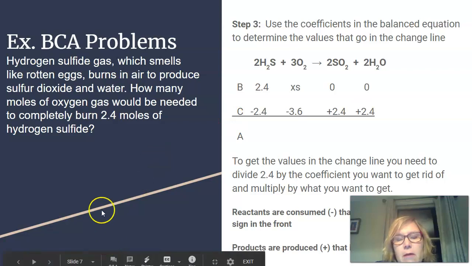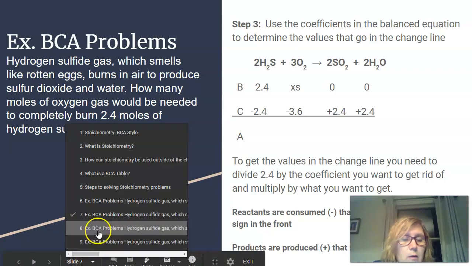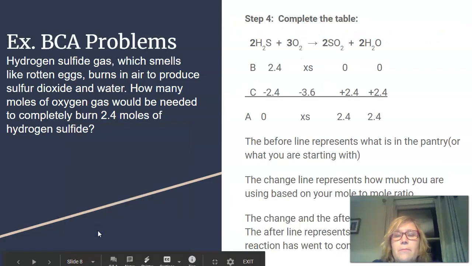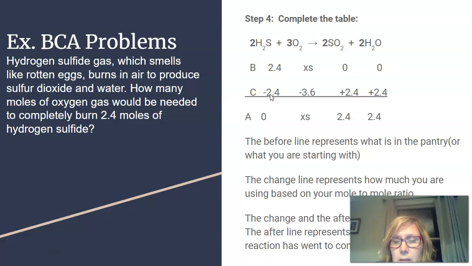Okay, so now we're going to figure out how to do the after line. And really the after line is just about what you end up with at the end of the reaction when it's all over. So the after line, it's just some basic math. Since I consumed all 2.4 moles in the change line of H2S, 2.4 minus 2.4 is 0.